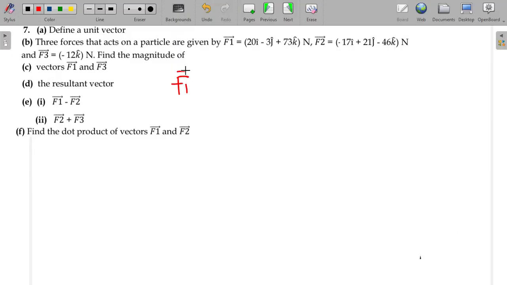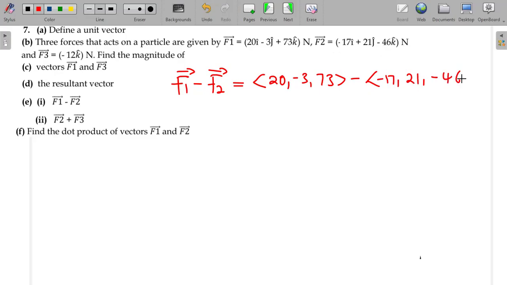So F1 minus F2 will be equal to F1, it's 20, minus 3, 73, minus the F2, which is minus 17, and then 21, and then minus 46. So we subtract just like we add, component-wise. So it will be 20 minus negative 17. So that is just going to give me 37, comma, minus 3 minus 21. So that will be minus 24.